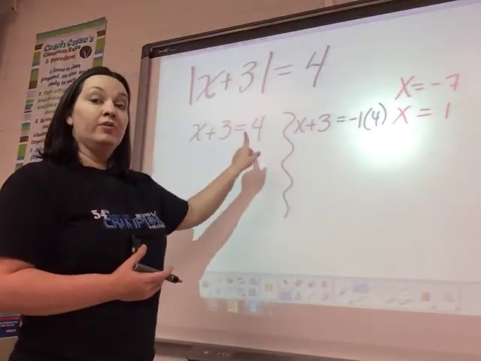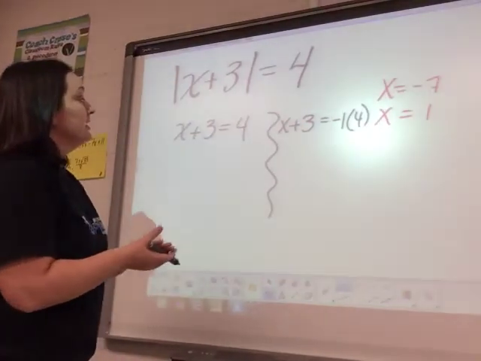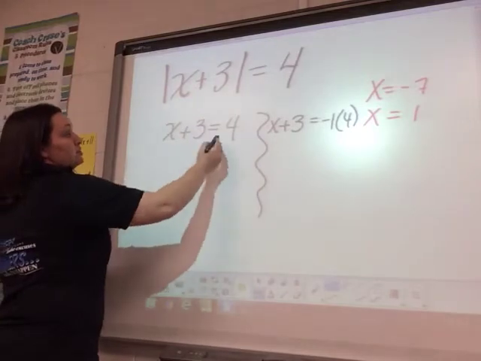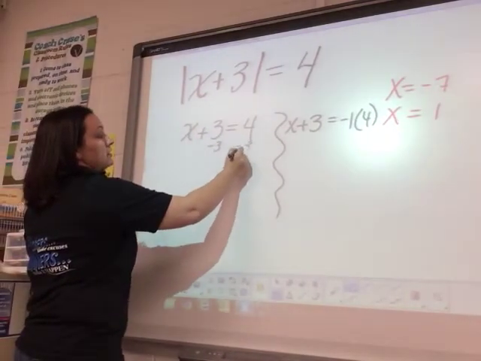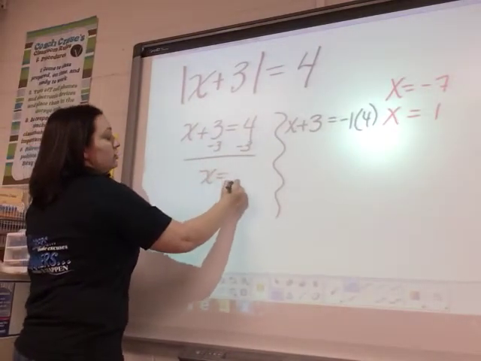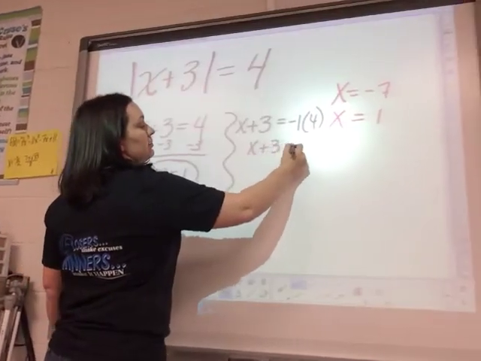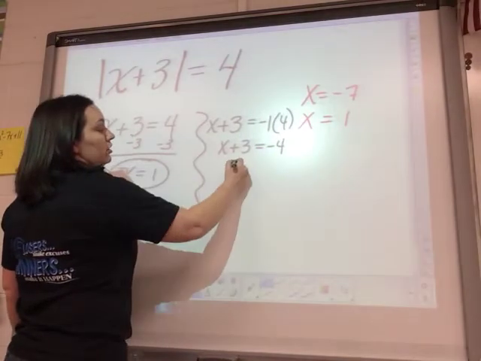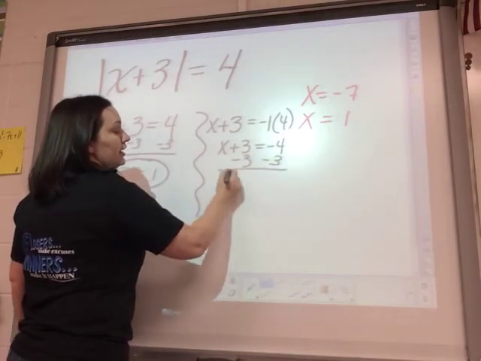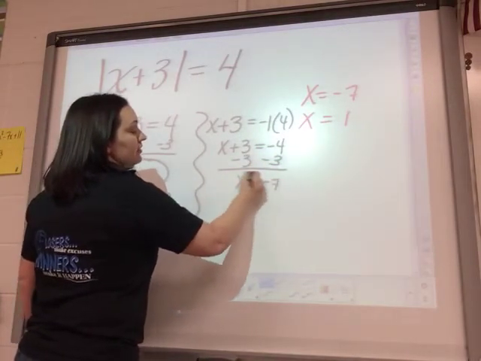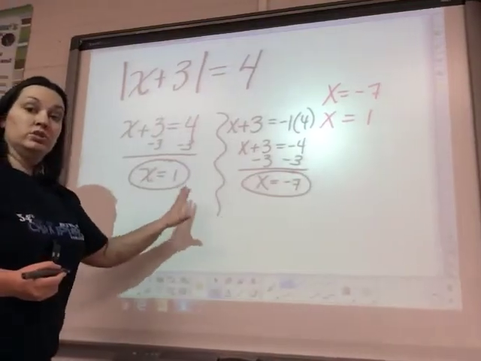Now, if I solve both of these tiny equations, I should get my two answers. So when I subtract 3 on this piece, I get x equals 1. I'll multiply first here to get my right side to be -4. Then subtract 3, and I get x to be -7. And those are my two solutions.